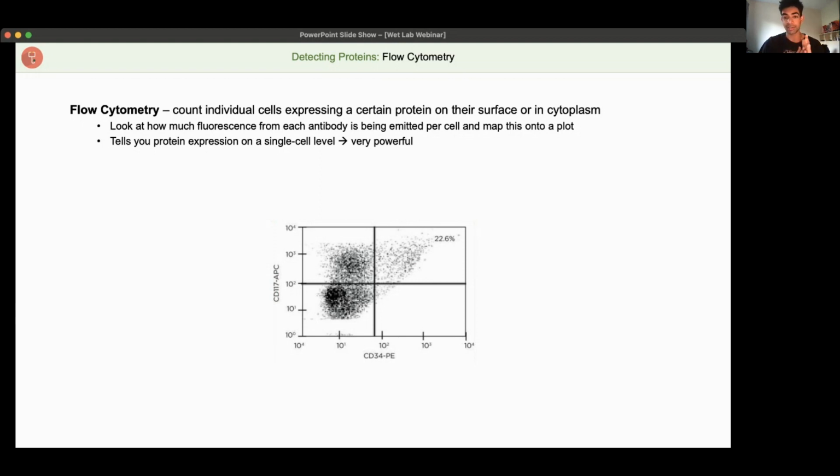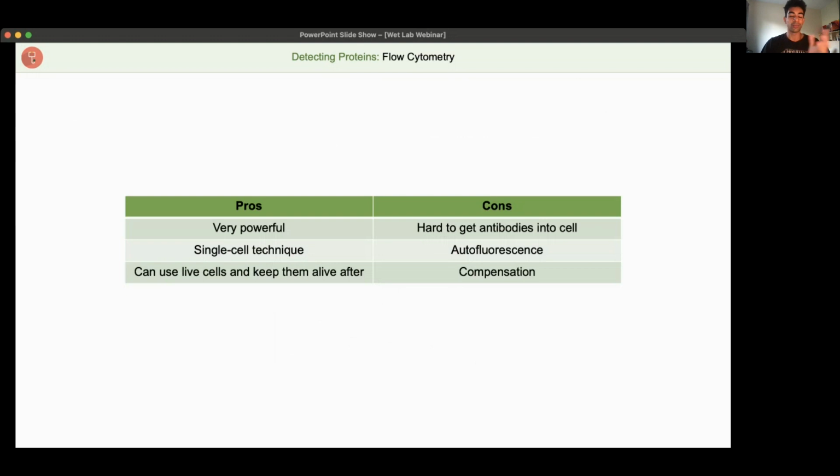And the data looks exactly like I've shown you up front. You'll see this sort of scatter plot, and the way you interpret it is using the axes to see how much fluorescence was coming, corresponding to that specific antigen. Okay, and the pros and cons. I think we've already talked about the pros quite a bit. Cons, I've already talked about how hard it is to get antibodies into cells.